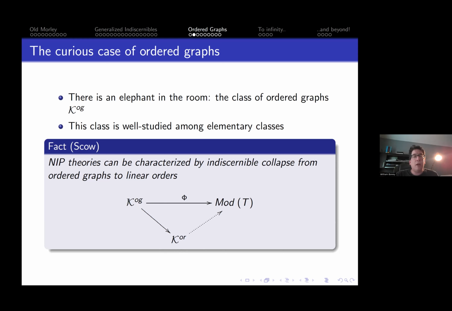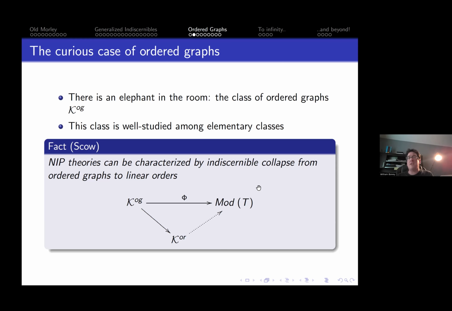And as we've said, an ordered graph indiscernible should be a colimit-preserving faithful functor from KOG into mod T. And NIP theories are exactly those where, whenever I have a blueprint phi like this, I can factor it through the class of linear orders.